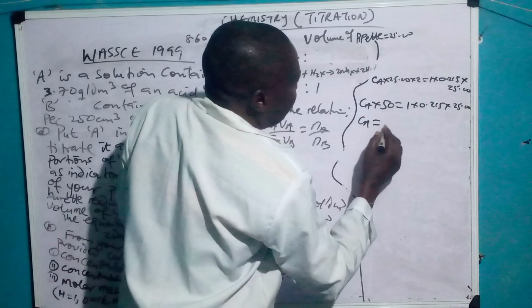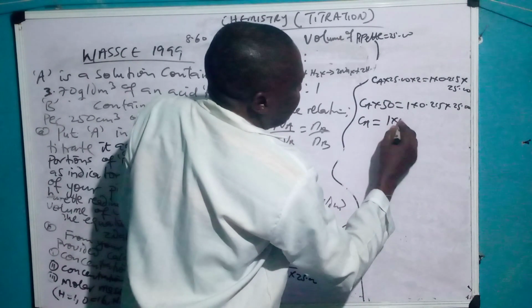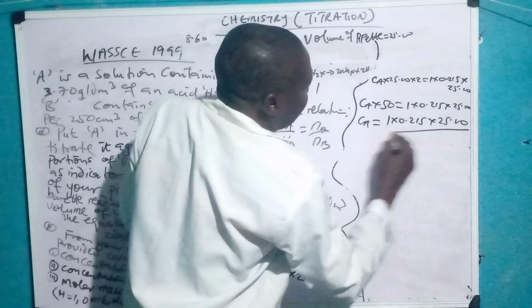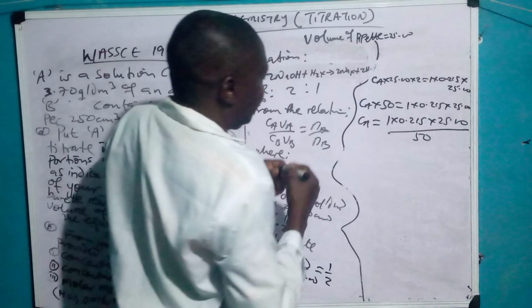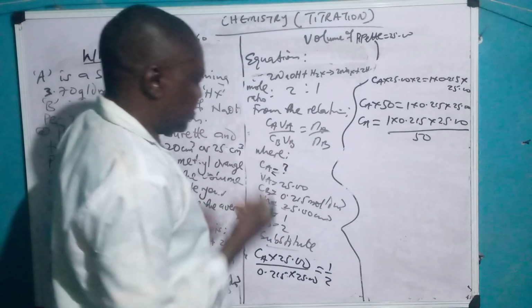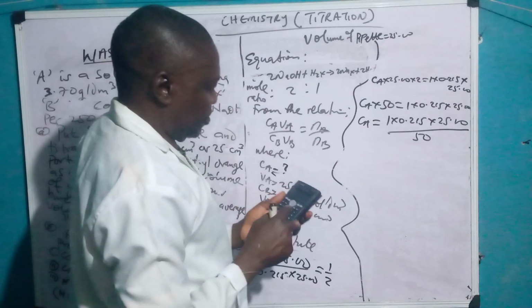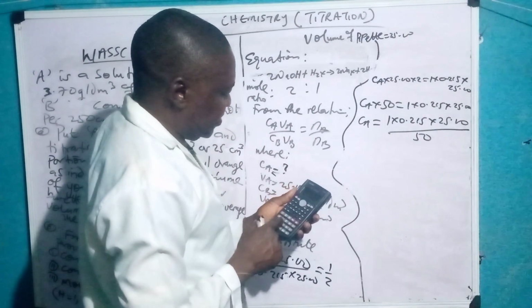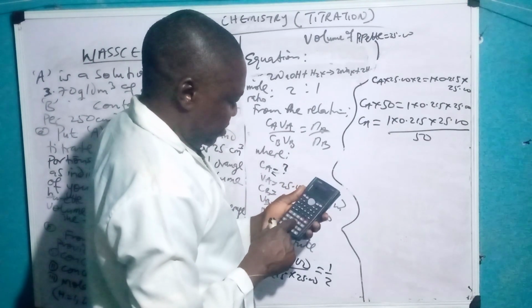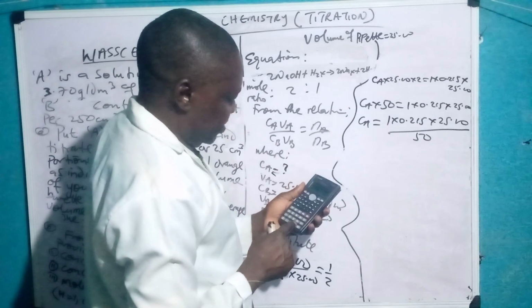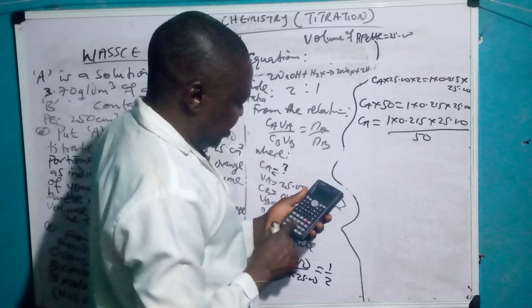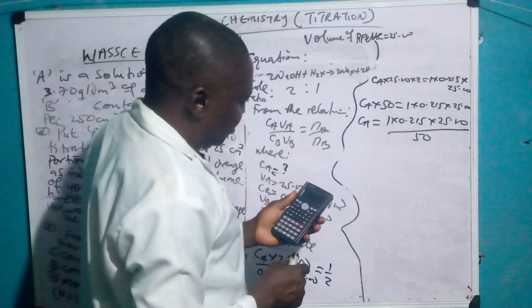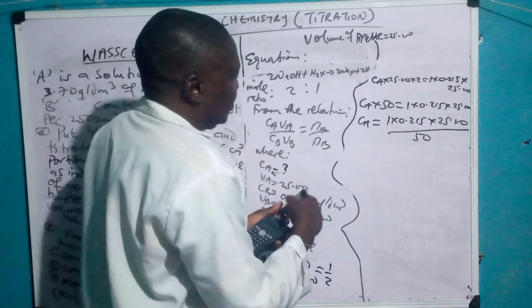CA becomes 1 times 0.215 times 25.00 over 50. Let's see what we have. 0.215 times 25, divide by 50, gives you 0.1075.